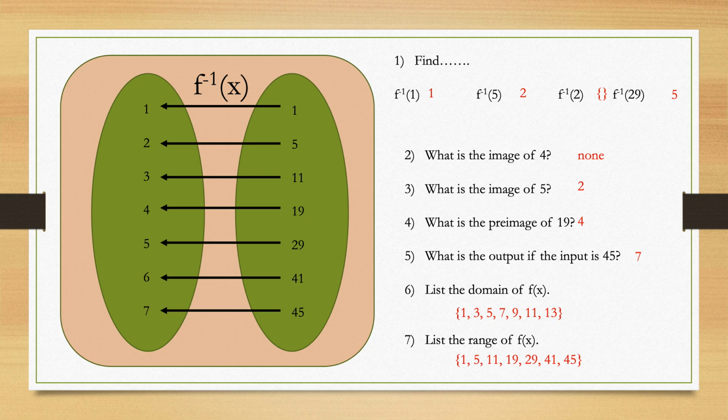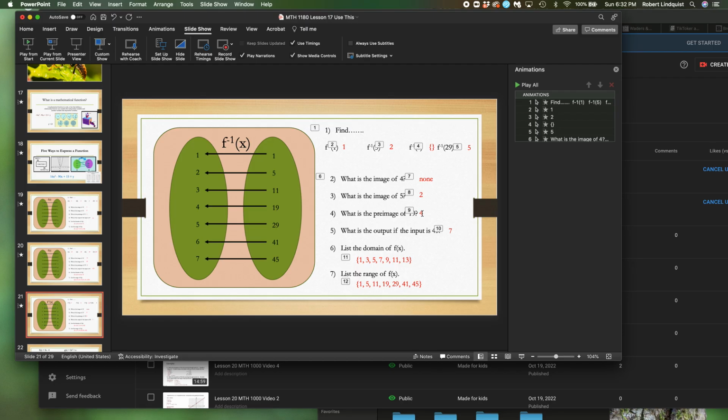I'm going to correct these now. So, first off, this is none. List the domain of f of x. 1, 5, 11, 19, 29, 41, and 45.